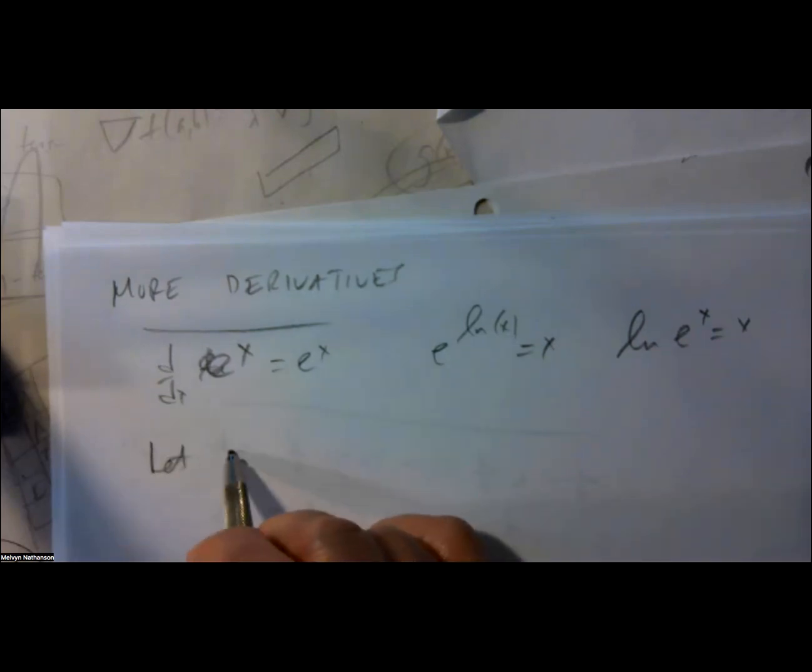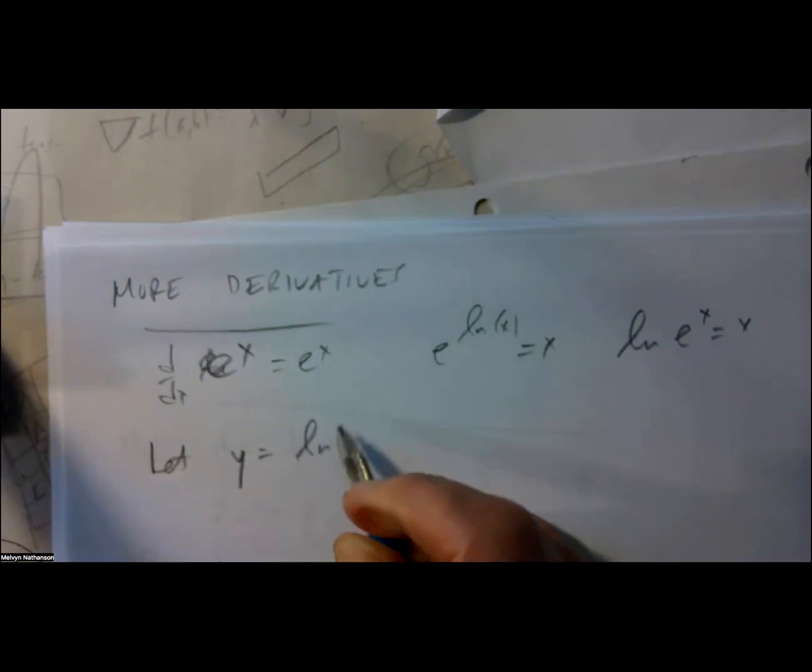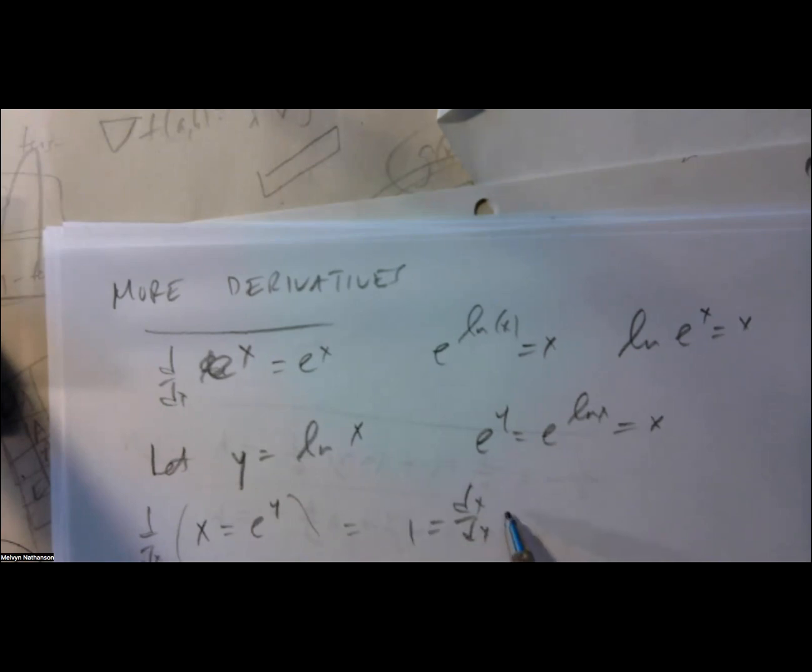So suppose I let y equal ln, the natural log of x. So we know that e to the y, that's e to the log x, is equal to x. So from x equal e to the y, I'm going to differentiate both sides with respect to x. So the derivative of x with respect to x is 1.